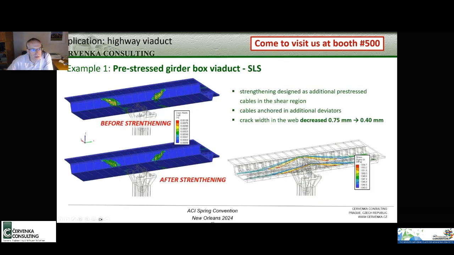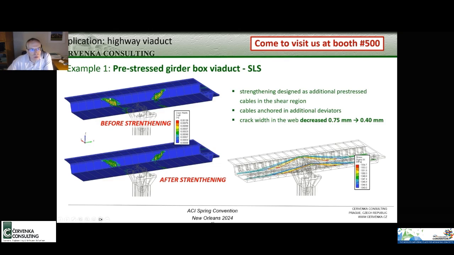Here the slide also shows the strengthening, which was considered and included in the model. There were some additional internal cables inserted into the box girder to strengthen the bridge.